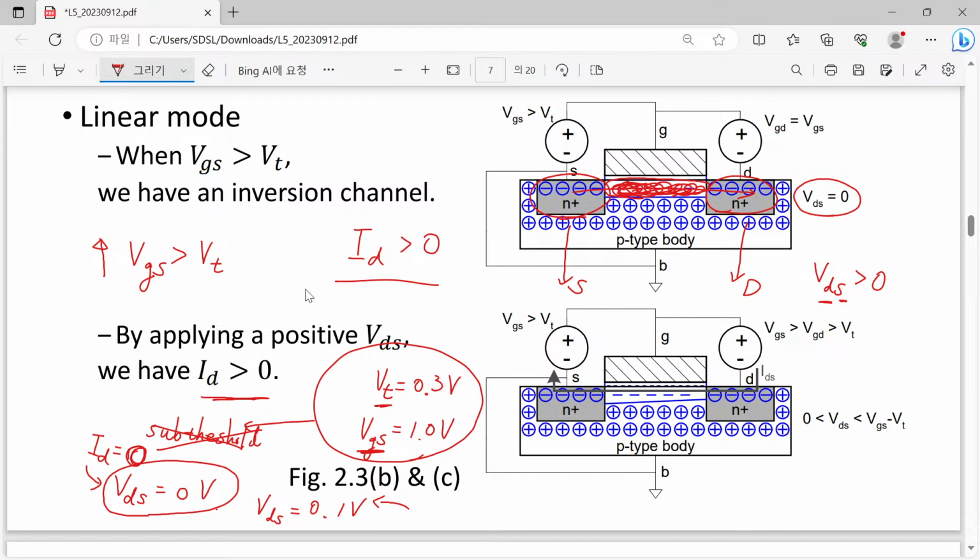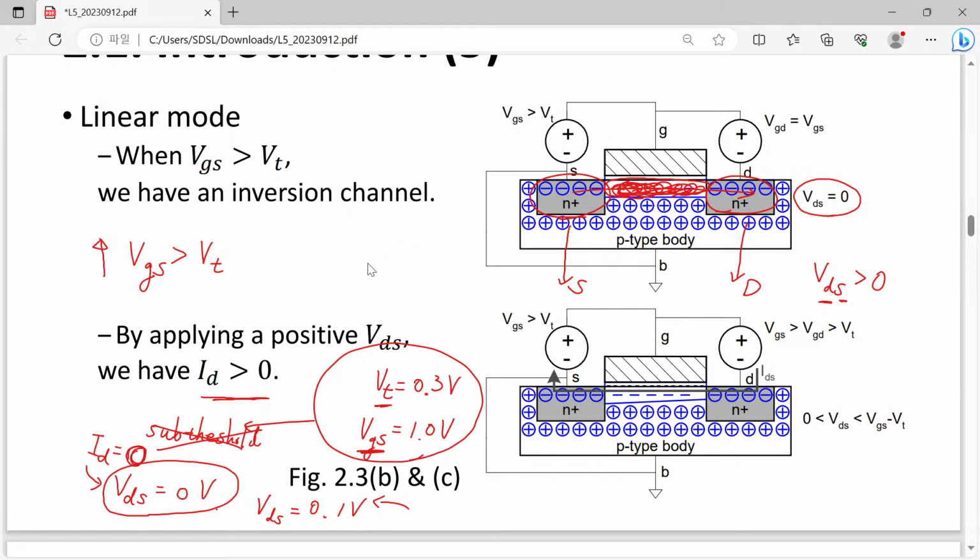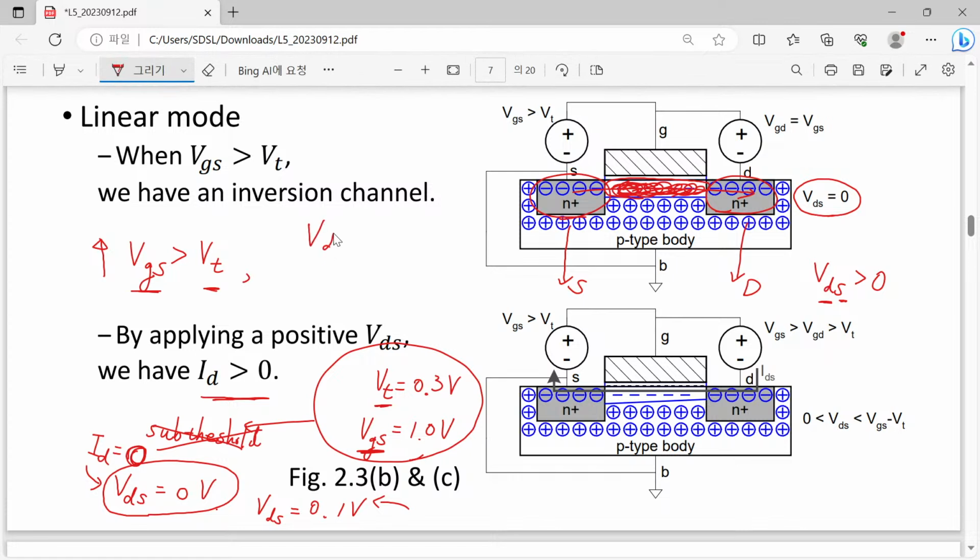So even when you have gate voltage larger than threshold voltage, if you apply VDS equal to 0, then drain current is exactly 0.